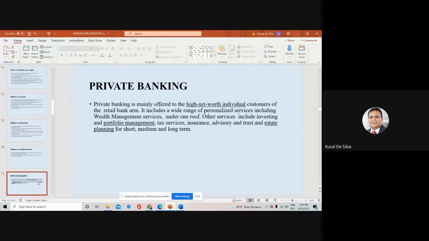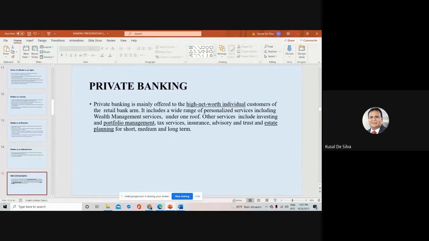There are a lot of brand names used by different banks, but whatever the name, these are meant for high net worth individuals, not even for corporate customers.